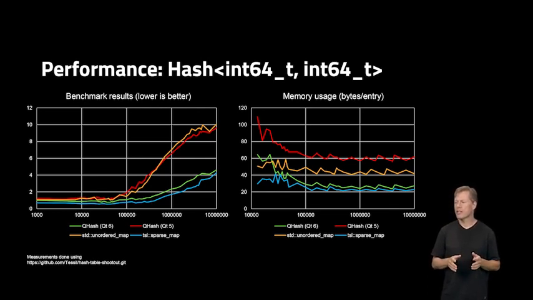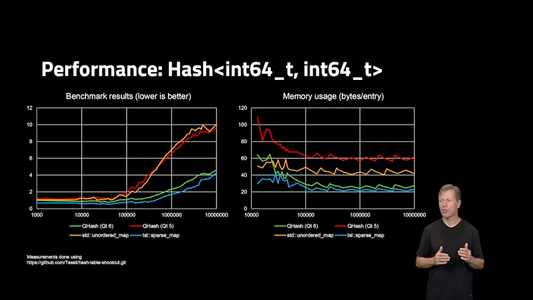In terms of memory consumption, we are also seeing that we are much better. The right-hand graph shows you, for hash tables between 10,000 and 10 million entries, the average memory used per entry in the hash table. And you can see that QHash in Qt5 was using a lot of memory.